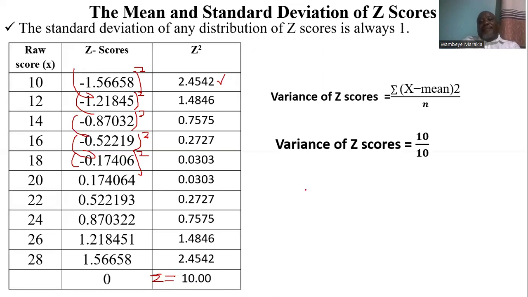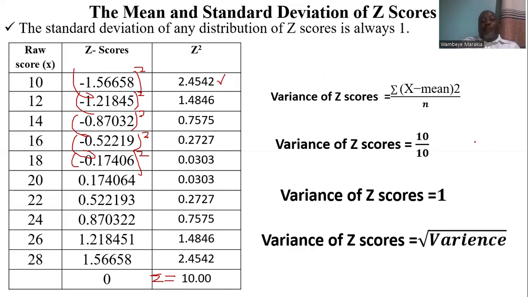And the variance for all these is 1. And when you take the root of the variance, it always equals the standard deviation. In this case, the standard deviation equals 1. So, very important, the standard deviation of any distribution of z-scores is always equal to 1.